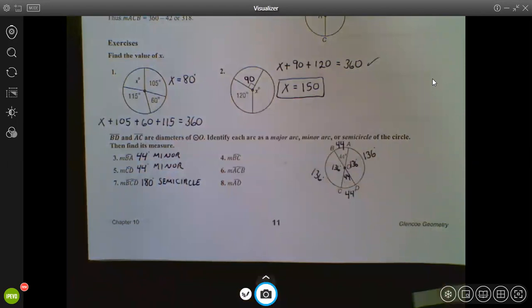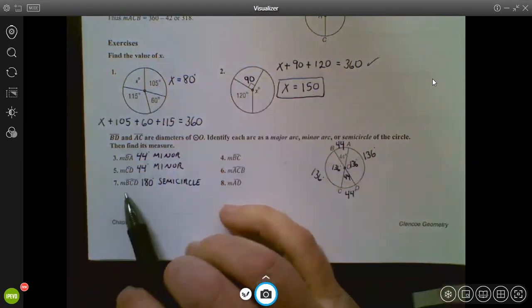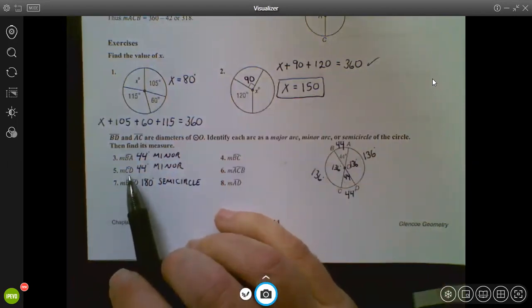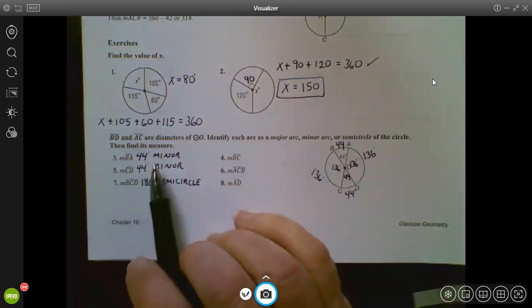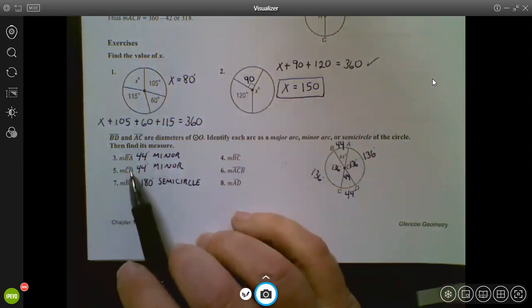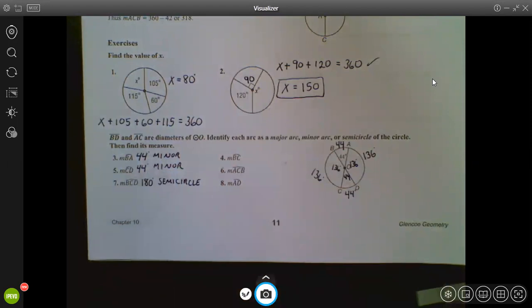Guys, I want you to notice the difference on this. Why did they use 3 letters instead of 2? Well, any minor arc can be used with only 2 letters. But as soon as you hit the 180 mark, you now need 3 letters. Otherwise, we wouldn't know which direction to travel.